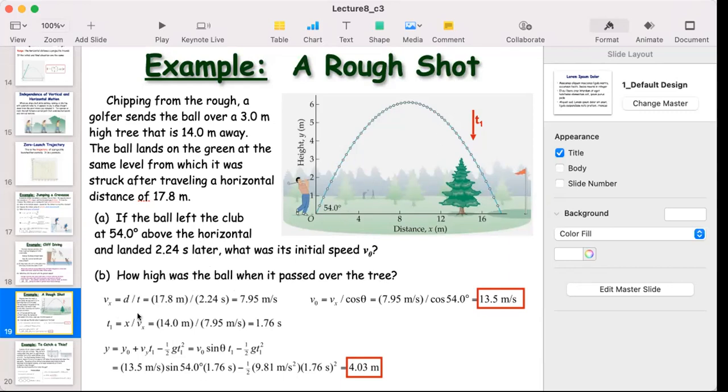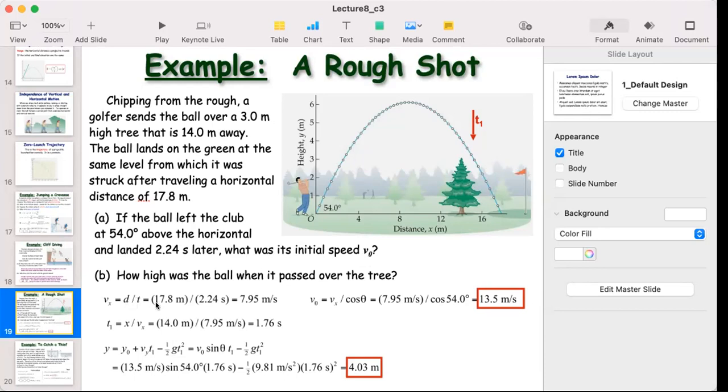So the first question is, what was its initial speed, V0? We know that Vx is the distance divided by t. Do I know everything?